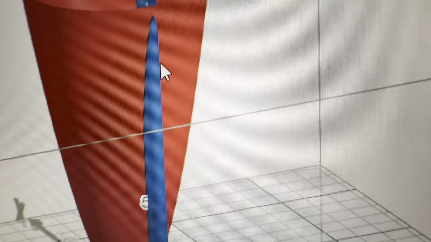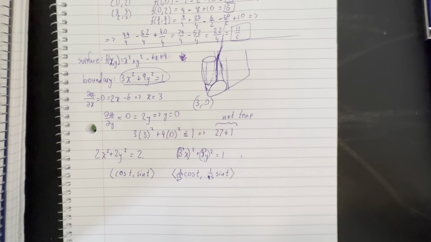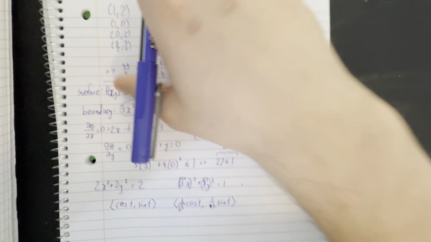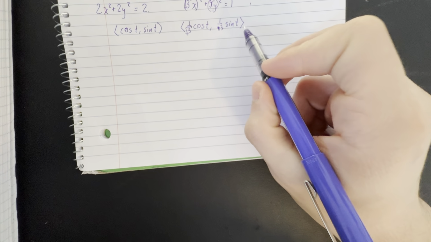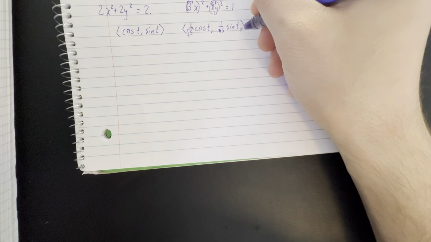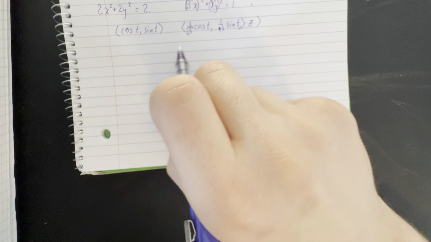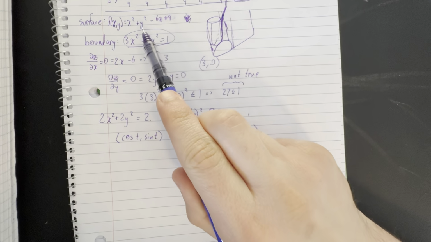And now we can parameterize that intersection, and that's really important. So let's parameterize that intersection. We're basically just finding their intersection. So we're going to give this guy a z component, and we're going to find what that z component is. So we plug these values into this.